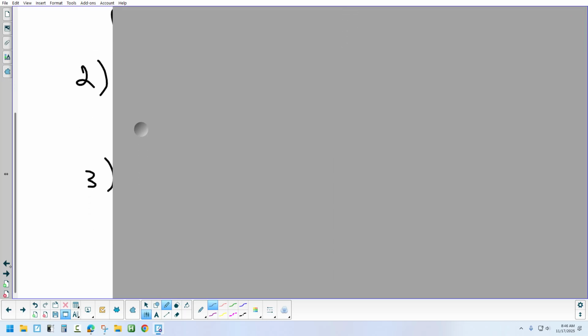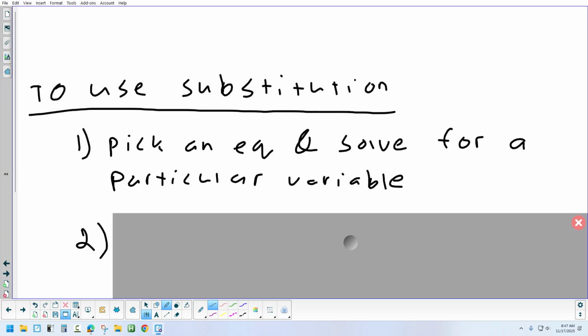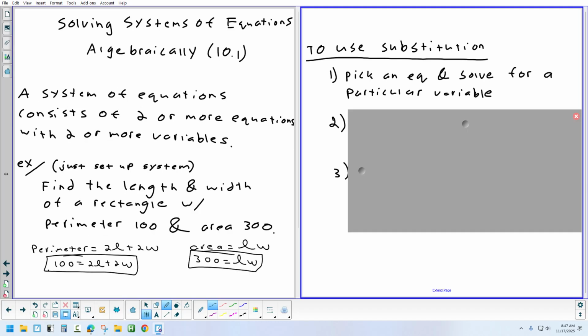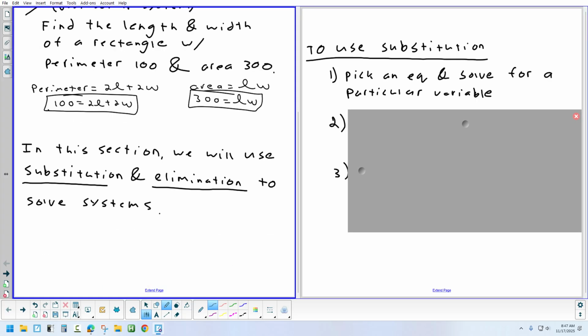All right, so when you do substitution, there are 3 steps. Okay, the first step is to pick an equation that you have. You're going to have 2. And then once you pick an equation, pick a letter that you want to solve for in that equation. Okay, so let's get our problem at the same time. Which equation here do you think would be easier to work with?